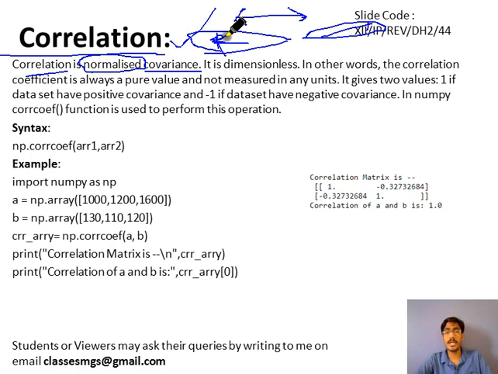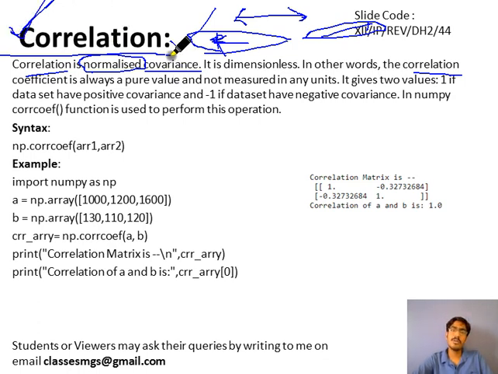How much they differ is not shown by the correlation; it is shown by covariance.